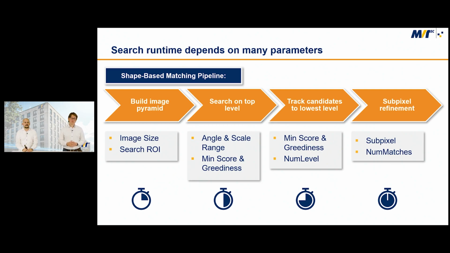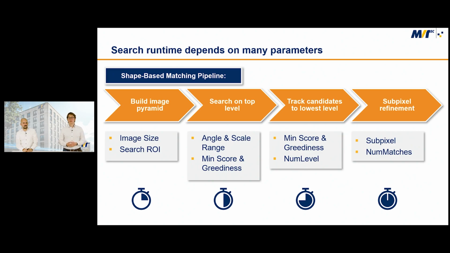You have the building of the image pyramids, search on the top level of the image pyramids, track down all your candidates to the lowest level, and then subpixel refinement. And our users had no way of knowing which of those steps took up how much time.